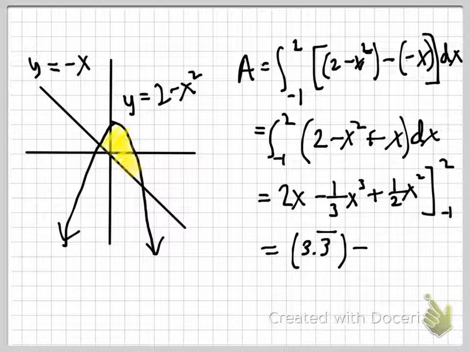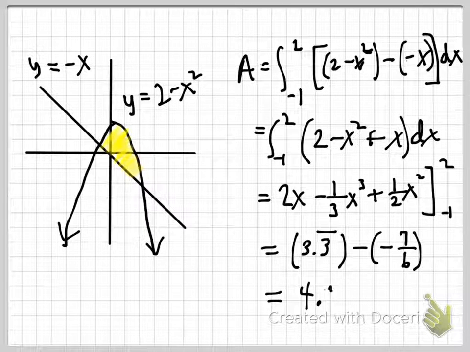And from that, we would subtract a -7/6, which would give us 4.5 units squared for our area. And so that is how you find the area between two curves.